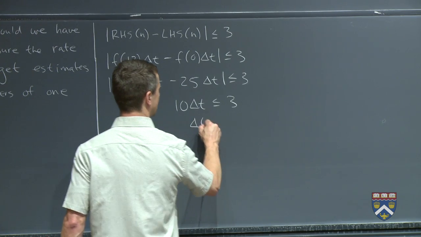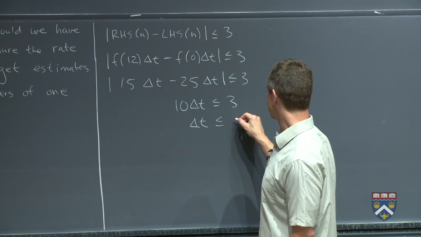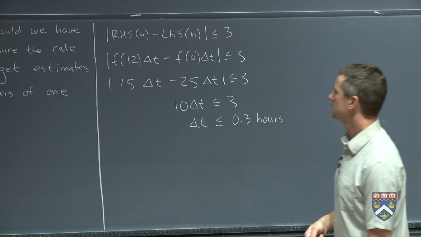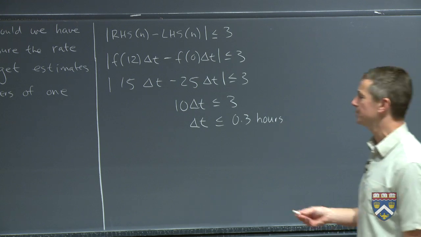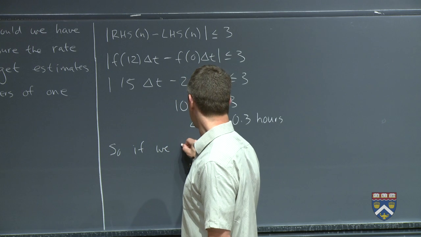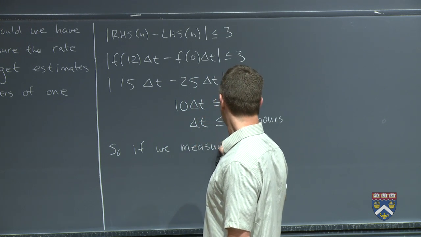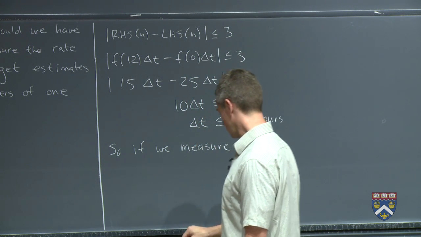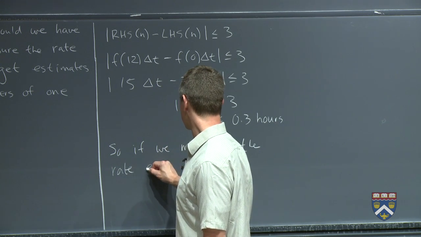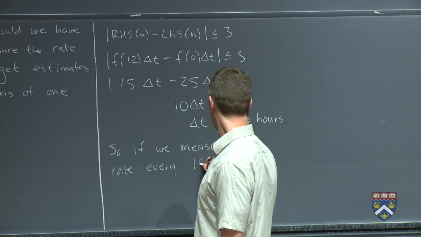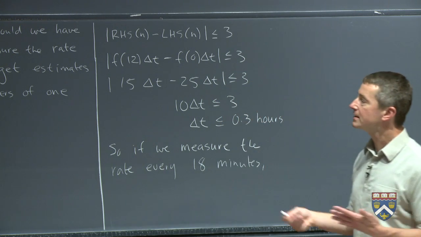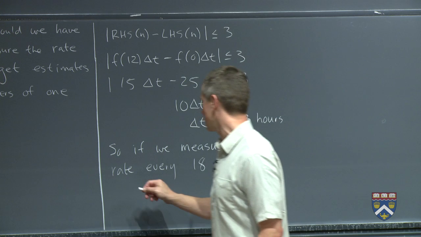So that means delta t must be less than or equal to 0.3 hours. 0.3 hours, I think, is 18 minutes. So if we measured the rate every 18 minutes, or every 0.3 hours, we're guaranteed to get estimates within 3 liters of each other.